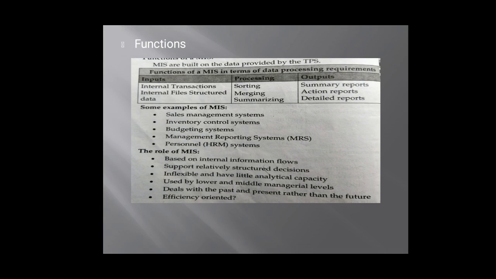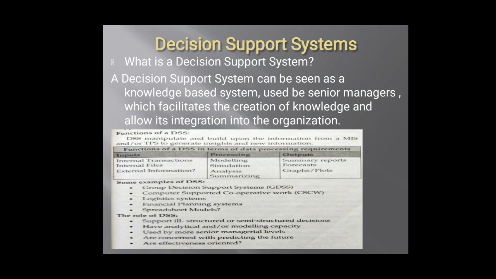Efficiency oriented, if it is not flexible it cannot be efficient enough to work with. Next is decision support system. Now what is a decision support system? A decision support system can be seen as a knowledge based system. It is a knowledge providing system used by senior managers, high level managers, which facilitates the creation of knowledge.